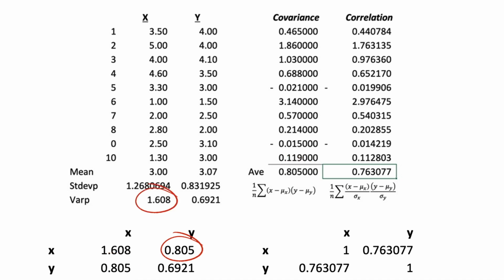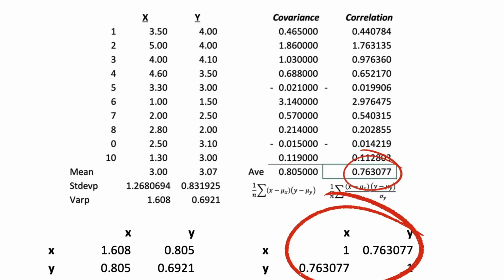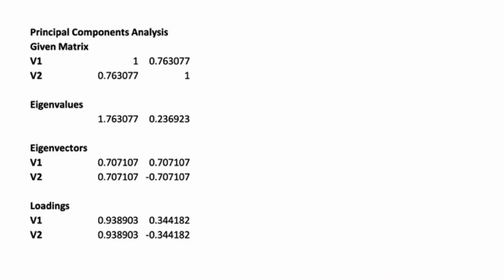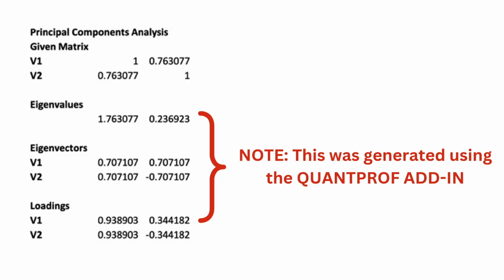We know the variances of x and y, so we plug those in as well, and that completes the covariance matrix. The correlation matrix is much simpler because the diagonals are always 1 by definition. So we only have one value to plug into the matrix, and that's 0.763077, shown here.